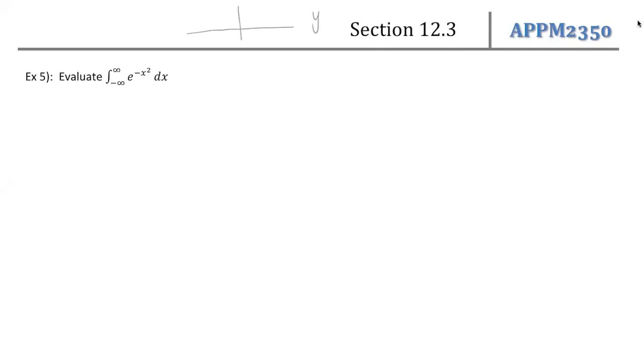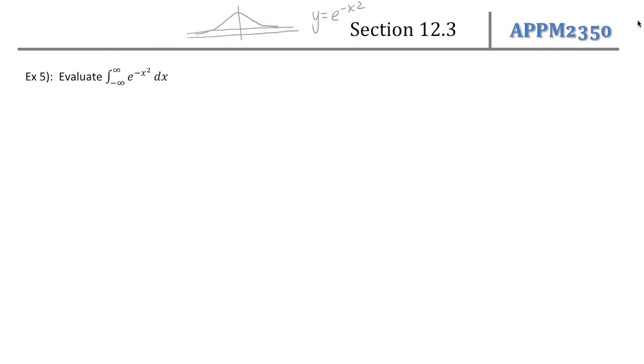If I graph the integrand, e to the negative x squared, it's this Gaussian shape, and this is going to show up a ton in statistics, signal processing, image processing, and more. And so we're often interested in trying to evaluate this integral. It does not go below the x-axis.